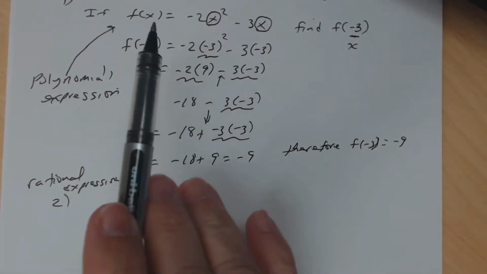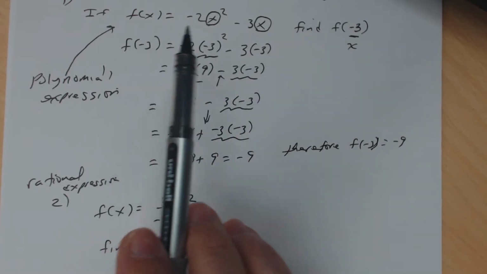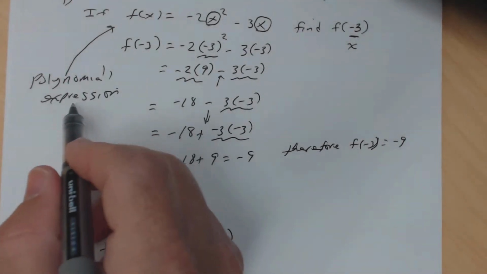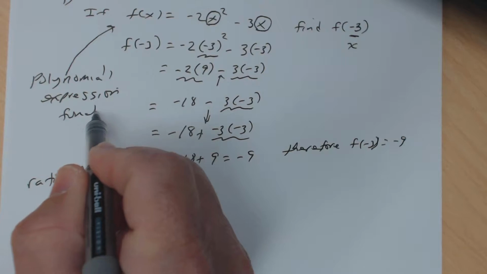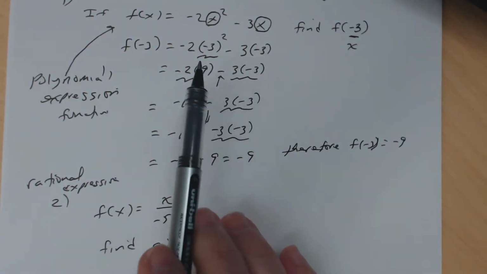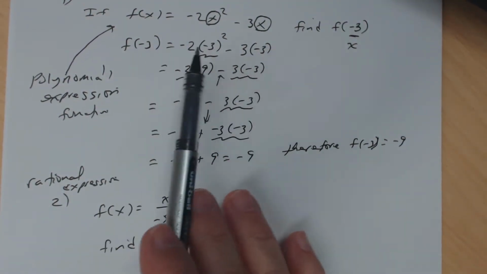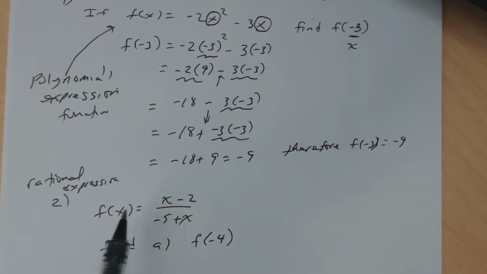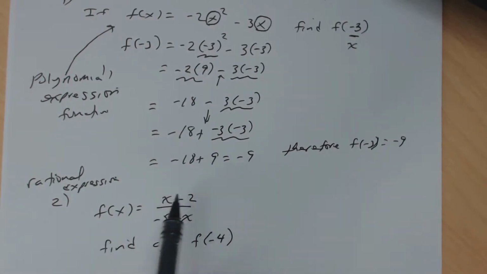So again, we do it just like we did this polynomial function. This polynomial function is made up of this polynomial expression. This function here is made up of this rational expression. So we want to find this function value when x is negative 4.